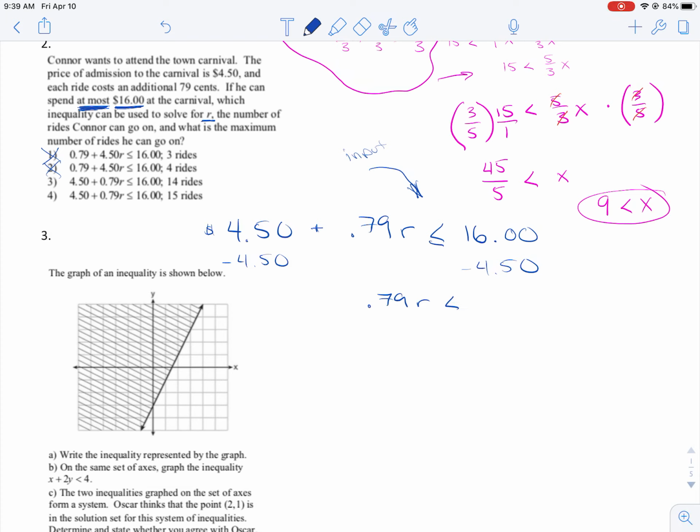And now we solve for R. In order to do that, subtract 450 from each side. Divide both sides by 79 cents.